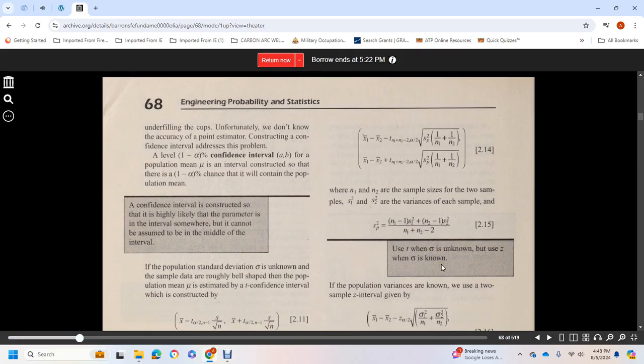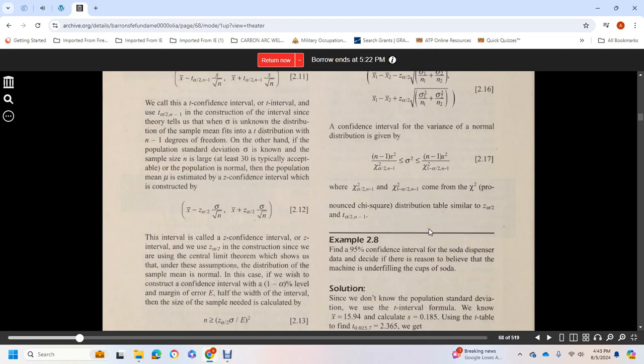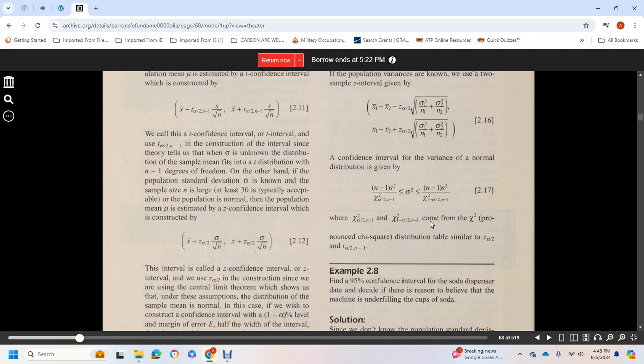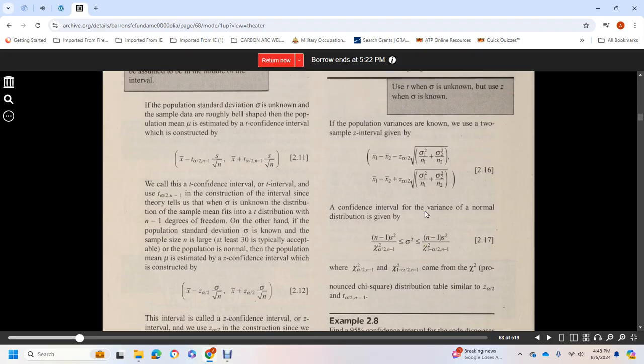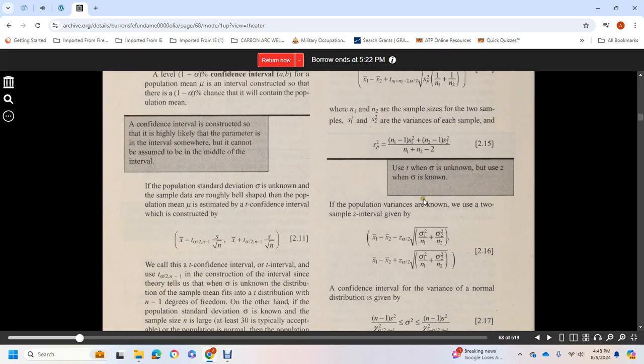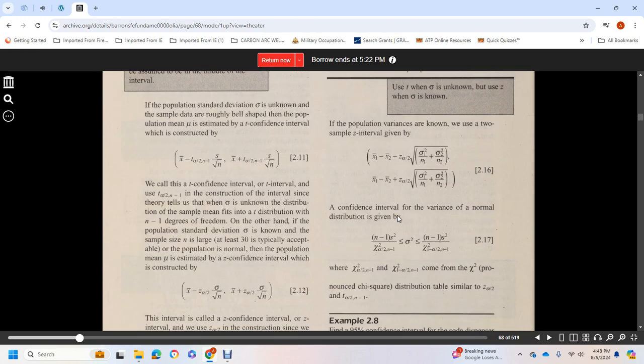This applies where the population variances are unknown, and the confidence interval is known.